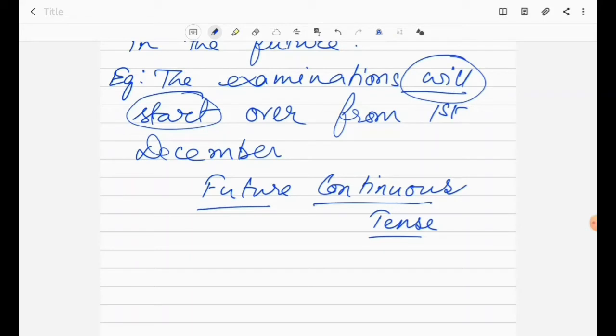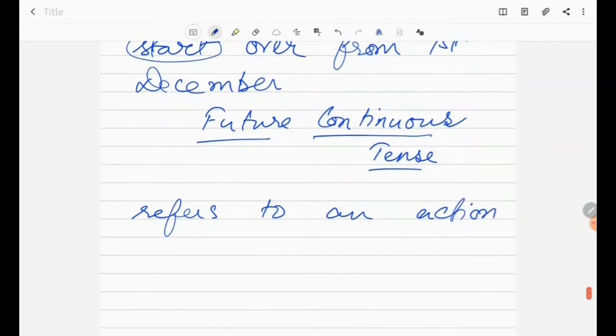Future continuous tense refers to an action which will be continued in the future.